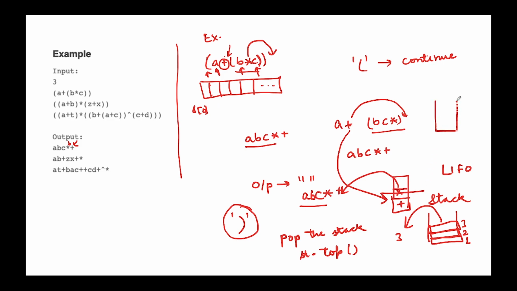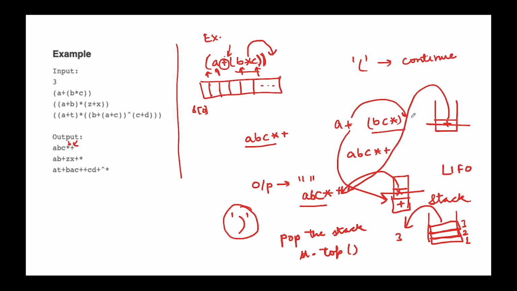Now we'll be left with only plus. Again we will meet this bracket, and then we can take this out as well, put it here, and then pop it. So I think the working of this question, or the approach to this solution, is clear by now.